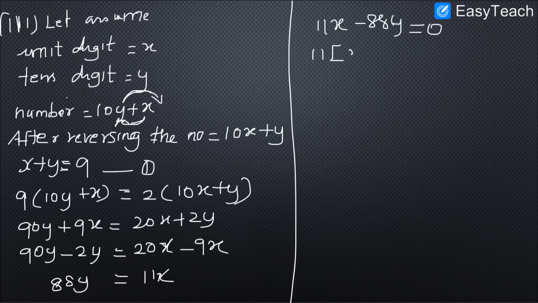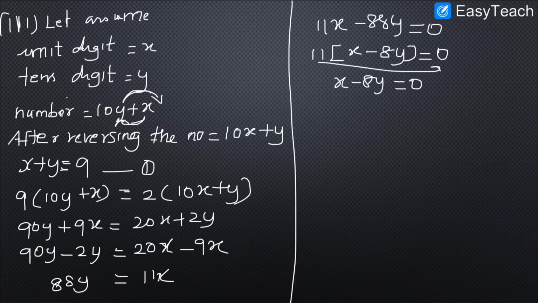We can take 11 as the common factor, so x minus 8y equals 0, because when 11 goes to the other side, 0 divided by 11 is 0. So this is our second equation.